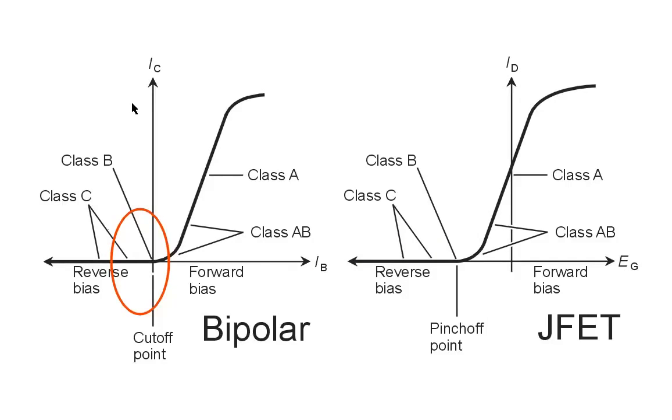But when we go into Class C, we can't get a linear reproduction of the modulation envelope, and so the modulation will become distorted. Class C operation for a power amplifier, therefore, is used primarily in radio frequency applications where we have frequency or phase modulation, in which case the amplitude of the signal doesn't change, or continuous wave operation, also known as Morse code or on-off keying, in which the signal is either full on or full off.